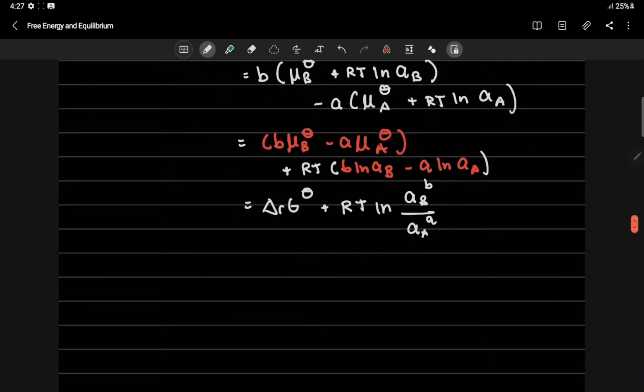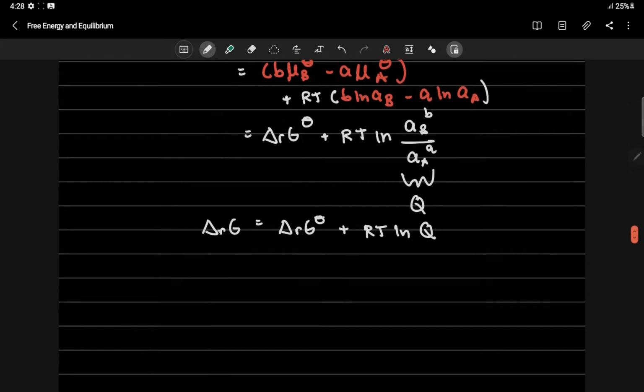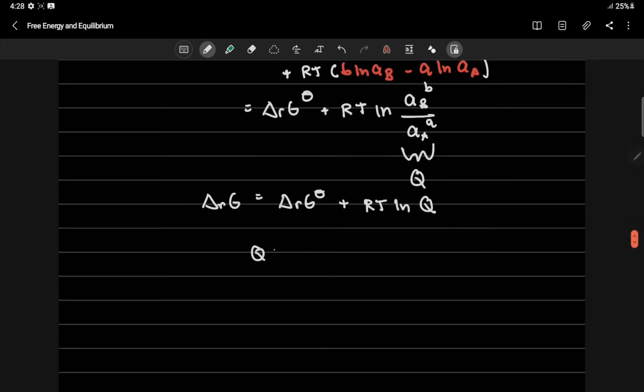And this ratio here, okay, we can use the symbol Q for it. So suma total, ang lalabas is that the Gibbs free energy is equal to the standard Gibbs free energy plus RT ln of Q, where Q is the ratio of the activities.